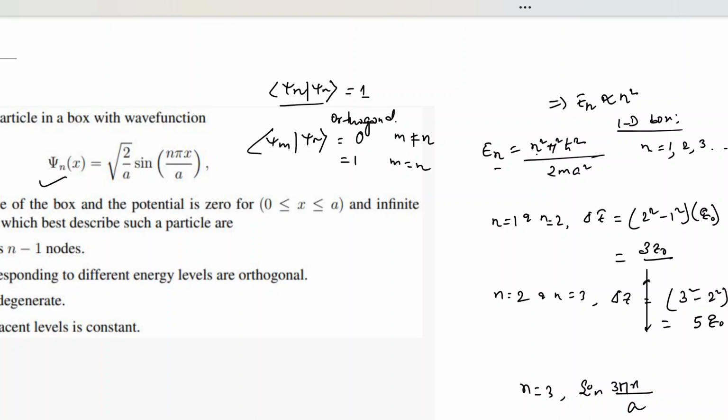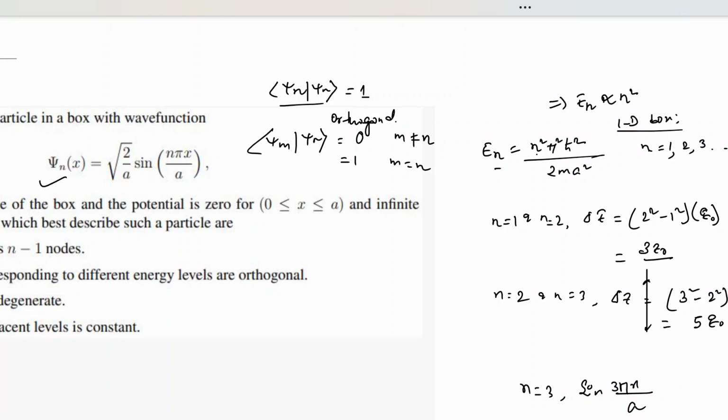So this point is a by 3. Then n equal to 2 gives x equal to 2a by 3, where also the sine function will be 0. So this point is 2a by 3. And finally for n equal to 3, you have x equal to 3a by 3, which is a, the other edge of the box.